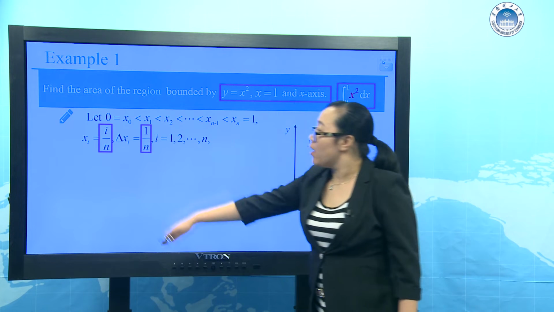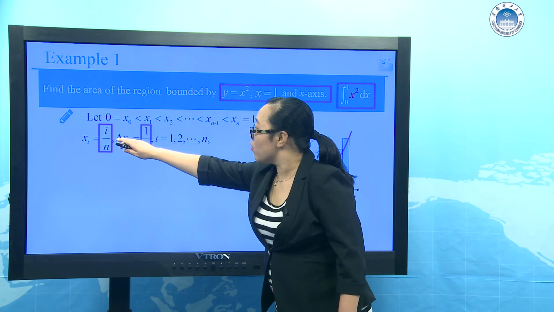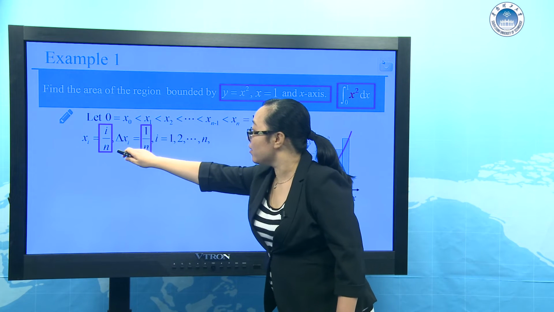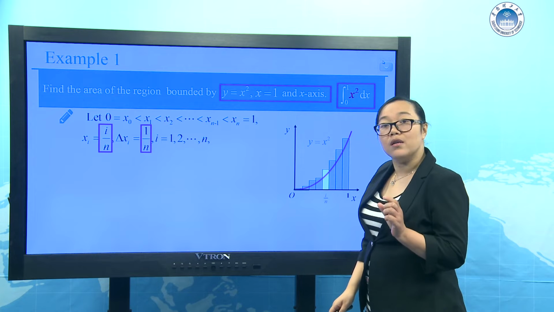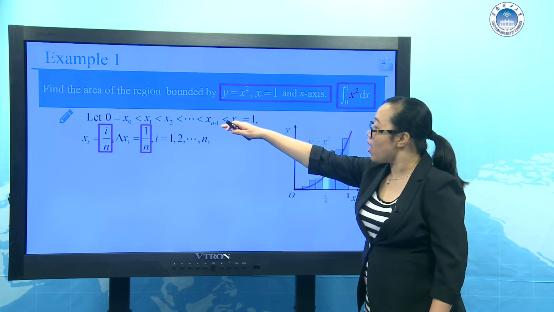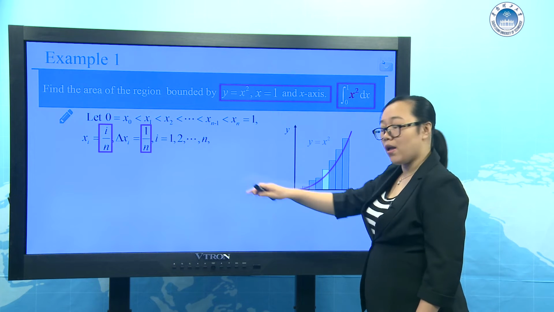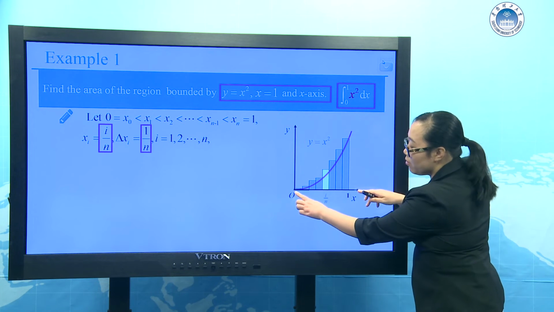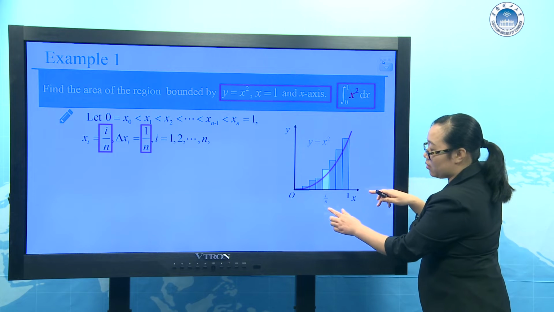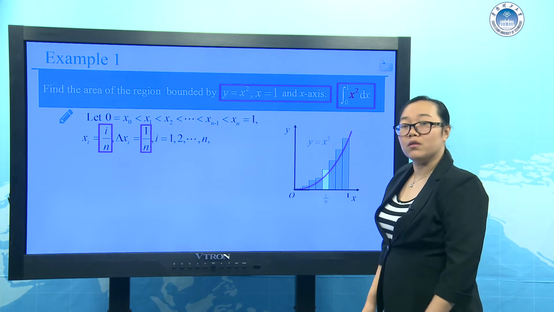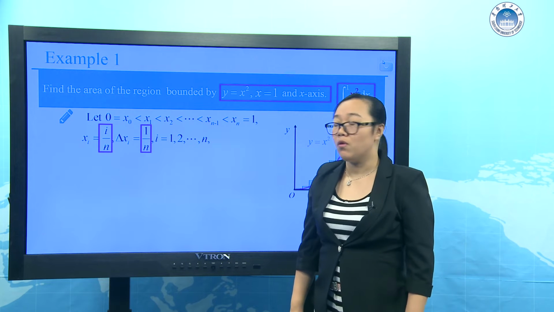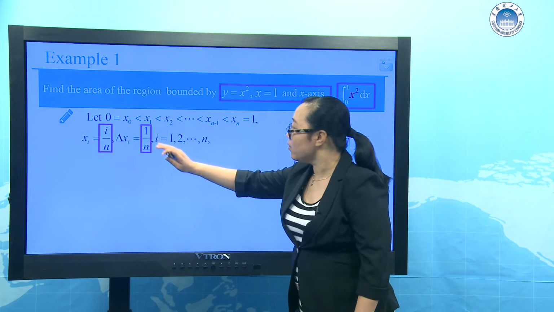So taking xi equals i over n, the corresponding delta xi, the length of the interval, equals 1 over n. Why? Because between 0 and 1 the distance is 1. How many parts? Yes, n parts. So the length of every interval is 1 over n.